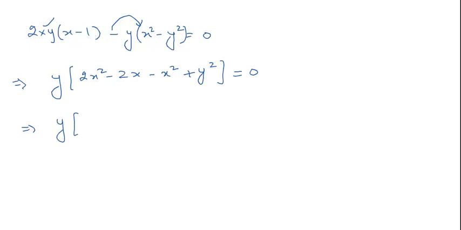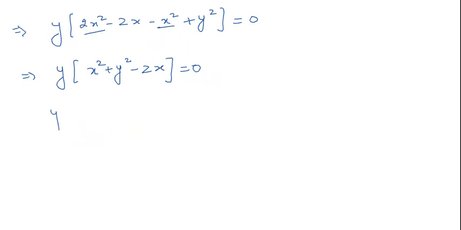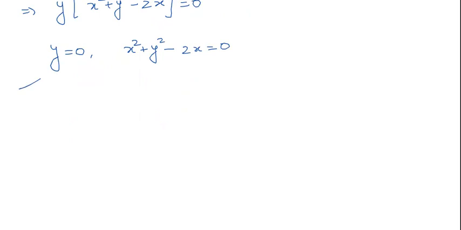On simplifying the expression in the bracket, we will be getting 2x square minus x square, that will be equal to x square, then plus y square minus 2x equal to 0. So now we can say that either y is equal to 0 or x square plus y square minus 2x is equal to 0.